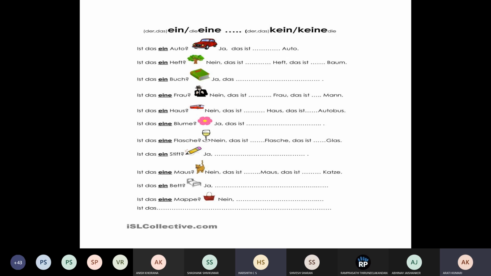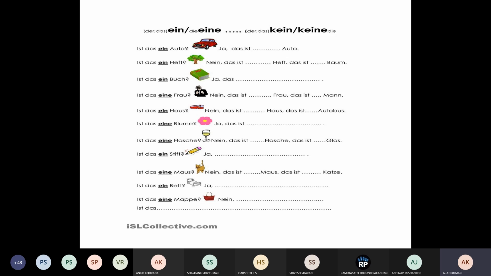Okay, article is not correct of Baum. Der Baum. Yes, der Baum ist grün. You see in the chat box I have put the article. Anyway, we learn it slowly, but you have to learn to say correct articles. So der Baum ist grün.